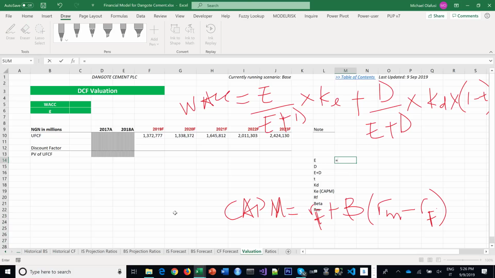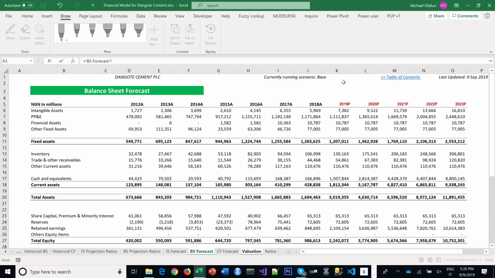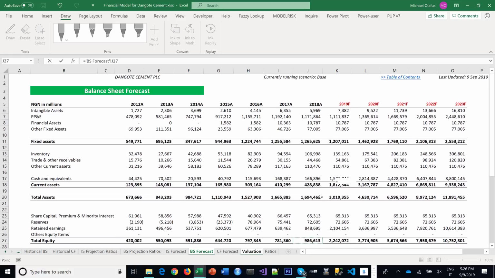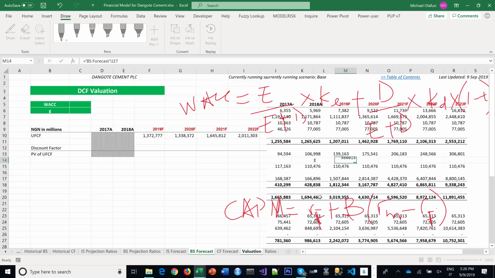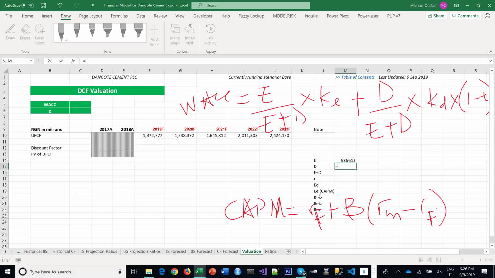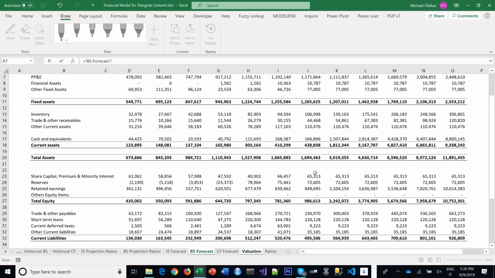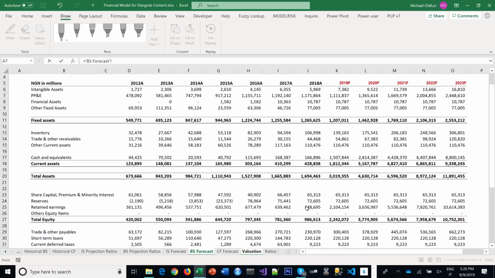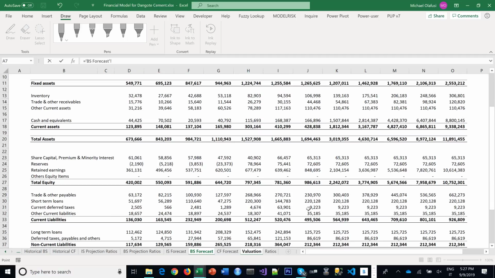For the equity, that's total equity. We can get that from our balance sheet. Total equity for the current year. Then what about the debt? Debt is all of the debt on the books. So that's for the current year, the short-term debt plus the long-term debt.